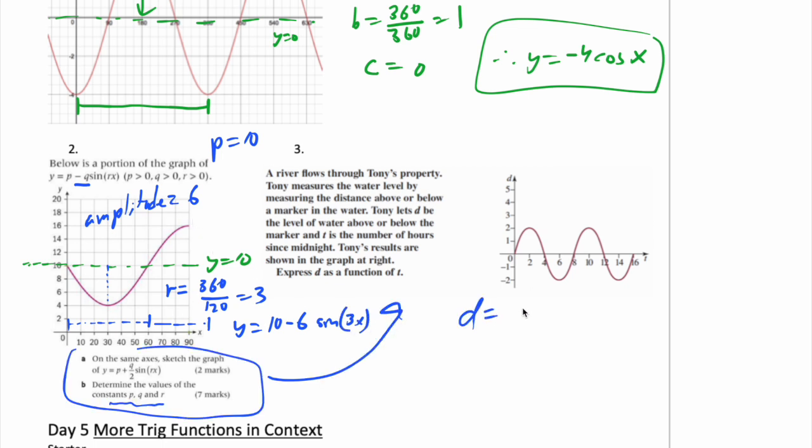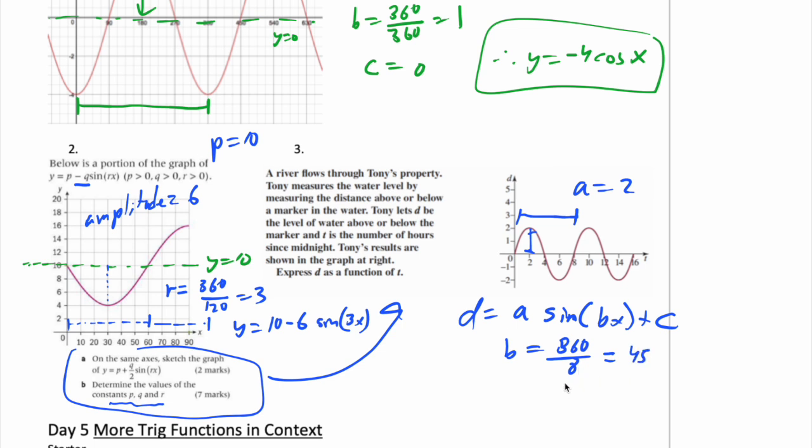D equals a sine bx plus c, let's just build it up. Okay, so let's find the amplitude. The amplitude is 2. It's not flipped over, so we'll just keep it as positive 2. B always equals 360 divided by the period. In this case, the whole cycle is finished at 8 here, so 360 divided by 8 is 45.